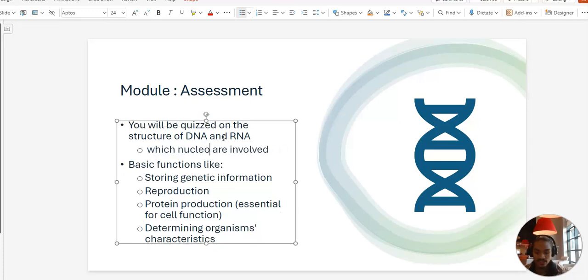Nucleotides are involved. I want you guys to know that. And what the basic functions of DNA and RNA are. Some of them are storing genetic information, reproduction, protein production, essential for cell function, determining an organism's characteristics, stuff like that. And we'll jump right into it.